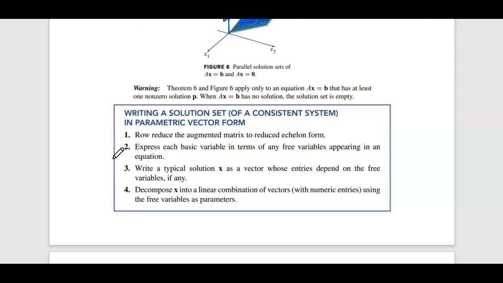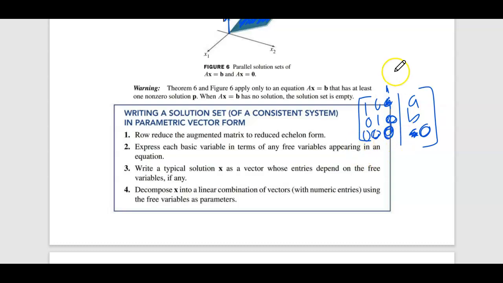All right, so here's how we are going to write a solution set of a consistent system in parametric form. You're going to row reduce the augmented matrix into reduced row echelon form. Express each basic variable in terms of any free variables. In order for us to do this, we might have to have this be a 0 here, so that I have a nice consistent variable.